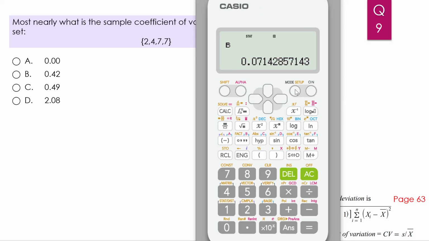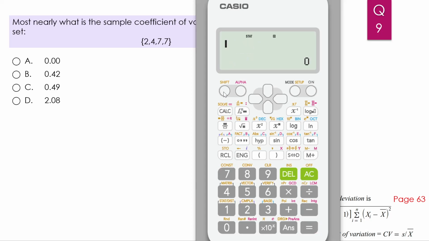So we go to mode setup, then we go to statistics, which is number 3. Then we choose 1-variable, so this is 1, and the points are 2, 4, 7, and 7.